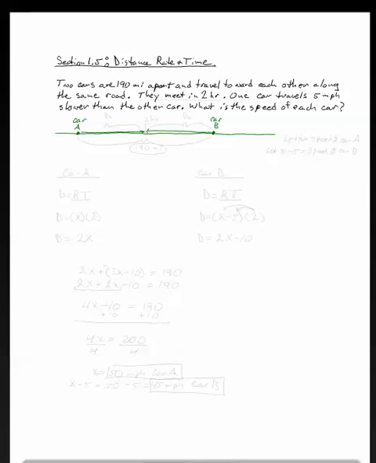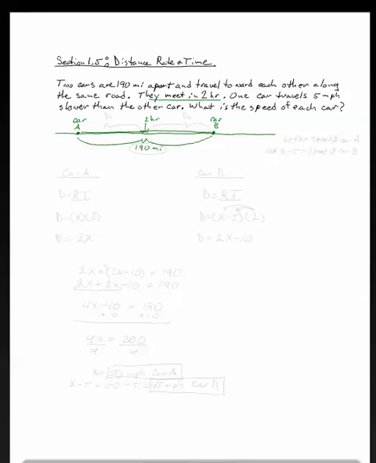It also says that the cars are 190 miles apart. So this whole distance right here is 190 miles. It also says they meet in 2 hours. So we know the time when they meet at that point right there is 2 hours.